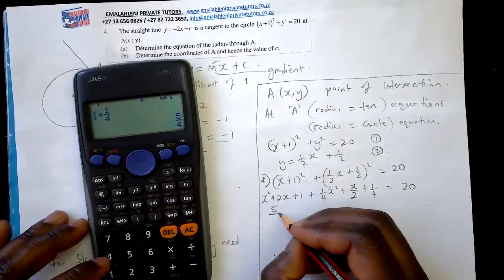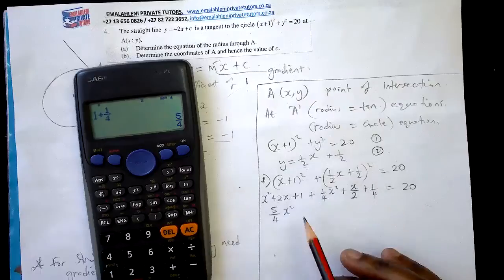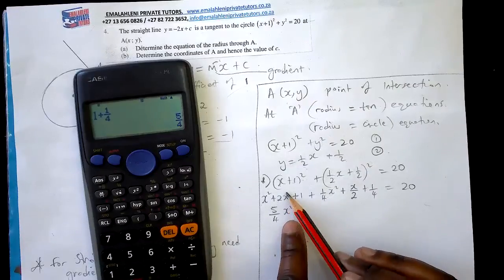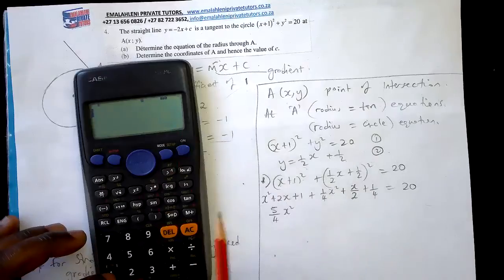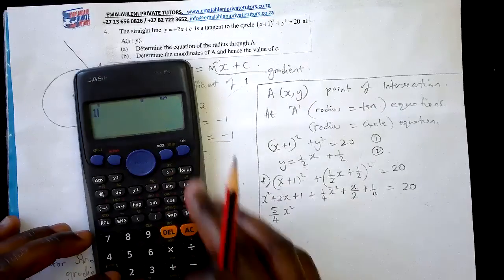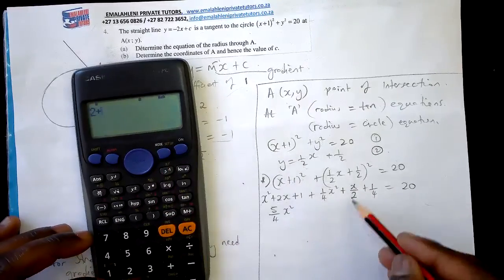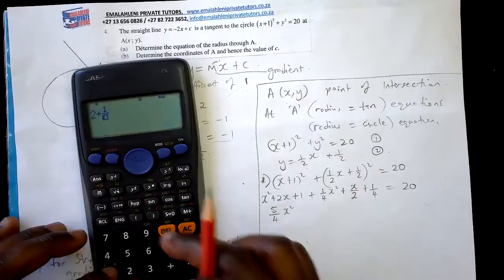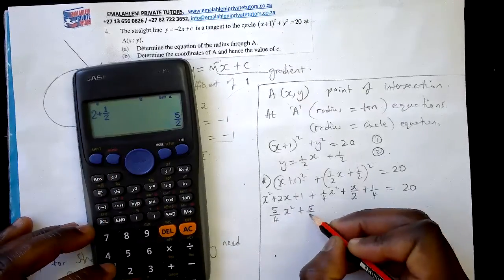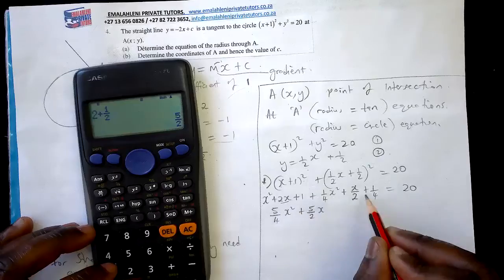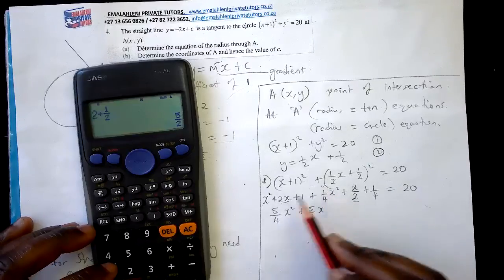So it's going to be 5 over 4 x². Now in terms of x here: 2x plus x over 2 gives us 5 over 2 x. We're adding this and this.